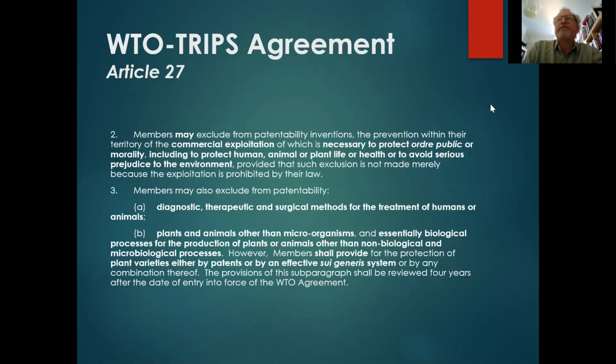So whereas you might say that the copyright part of TRIPS pretty much reflects United States wishes, the patents part is a sort of compromise between the United States and Europe. And the compromise works this way because Europe is, in these respects, very different from the US.